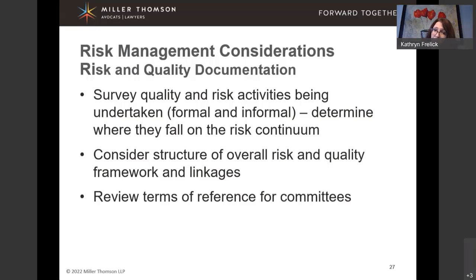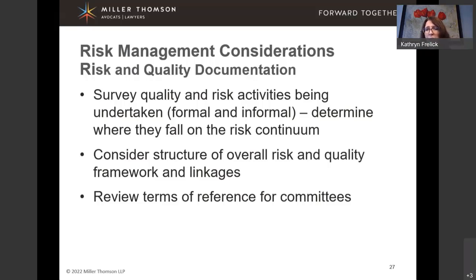Review the terms of reference for your committees, and ensure that there is language there that will allow you to rely on exemptions or privilege in the case that there's a challenge.